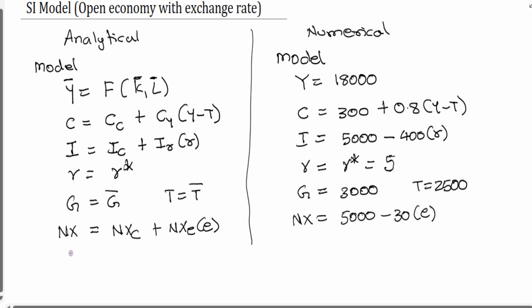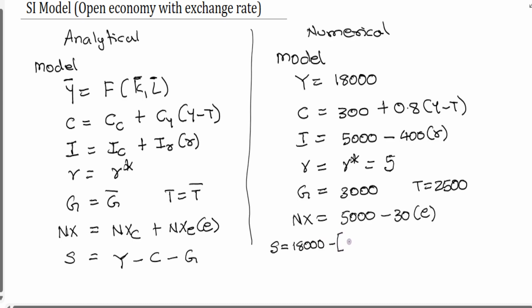Now the national savings is the national income represented by Y minus the private spending represented by C, consumption spending, and minus the public spending represented by G. In terms of numbers, Y is 18,000 in the numerical example that we are dealing with.